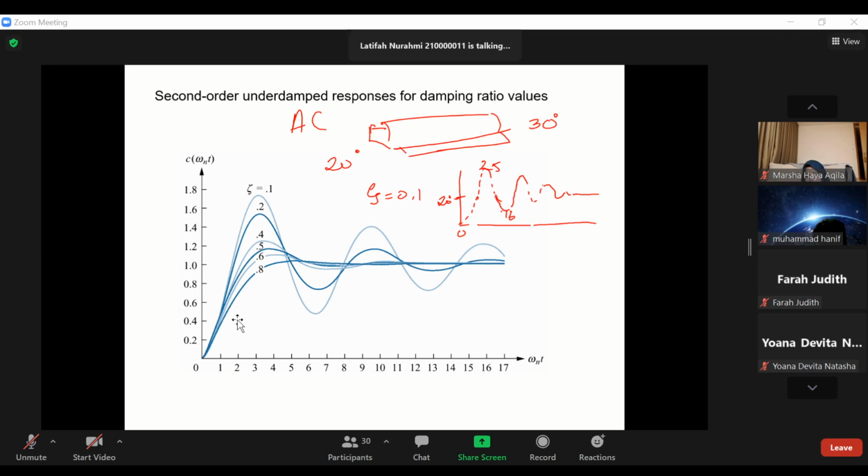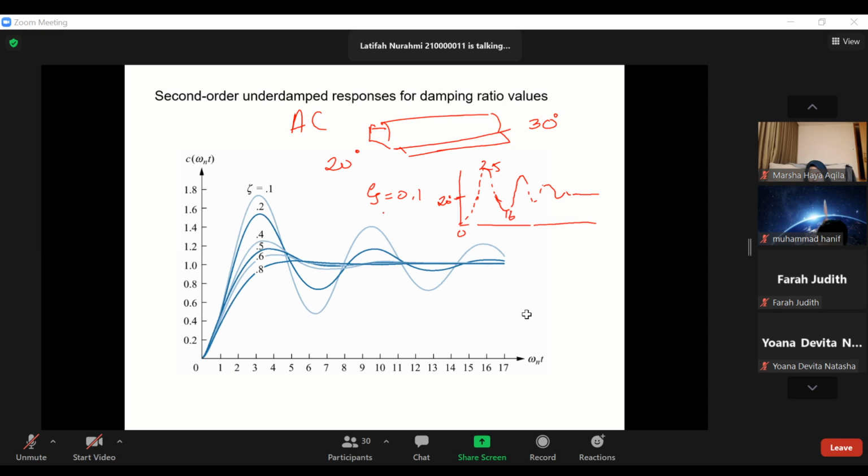For mechanical parts in physical terms, this is not good, because you have too many oscillations, it goes up and down too much.